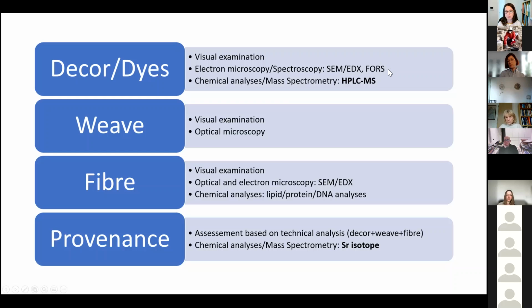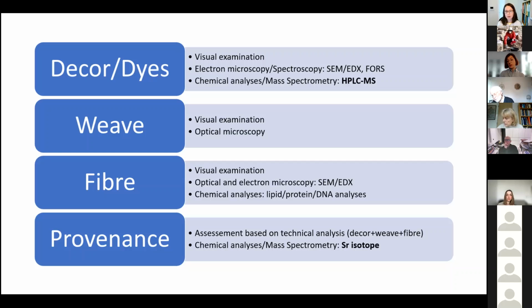This one first is a non-invasive, portable technique, and with this method you can make the difference between animal and plant dyes, but it will not give you the precise source.